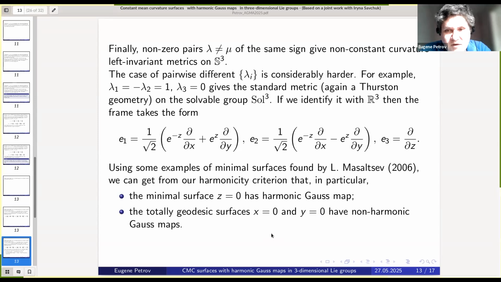And for example, we can use some existing examples of minimal surfaces, or we can consider again Euclidean planes, and for example, z equals 0 has harmonic Gauss map, but it's minimal. But the totally geodesic surfaces x equals 0 and y equals 0 have non-harmonic Gauss map.